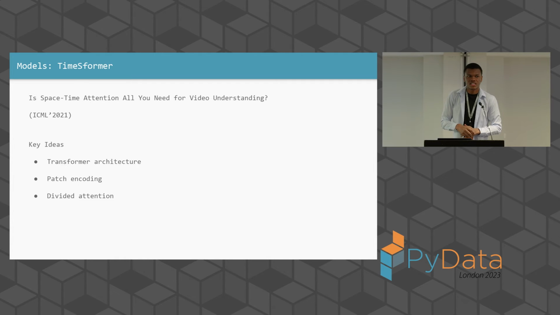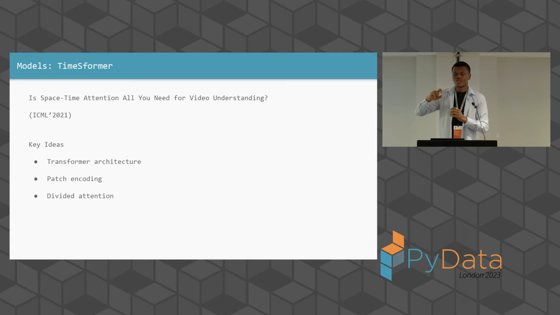In this case, they are not just trying to find spaced attention within the patches. They're also doing this both in the temporal space and in the spatial space. So if you have, say, a patch at the top left, they try to find the attention across multiple frames, and they also do that spatially as well.